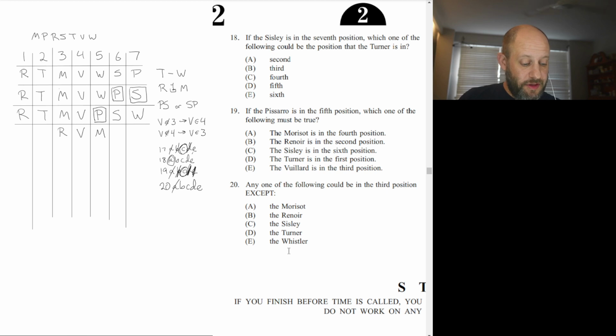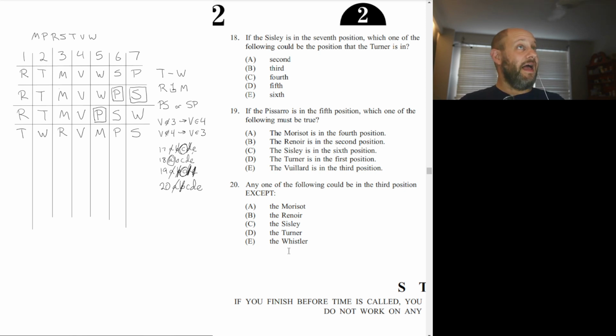And I already know that P and S are very happy in the 6th and 7th positions, right? So I'm going to put them there, and I'm going to put T and W in the correct order up front. And I'm going to double check that I didn't break a rule. T before W, R split by M by 1, P next to S, and V is third or fourth. Great, which means R can be third. No problem. B is not the answer.